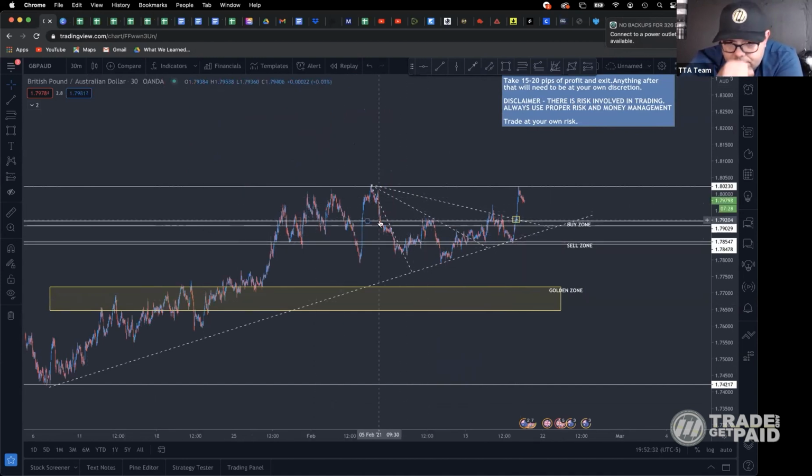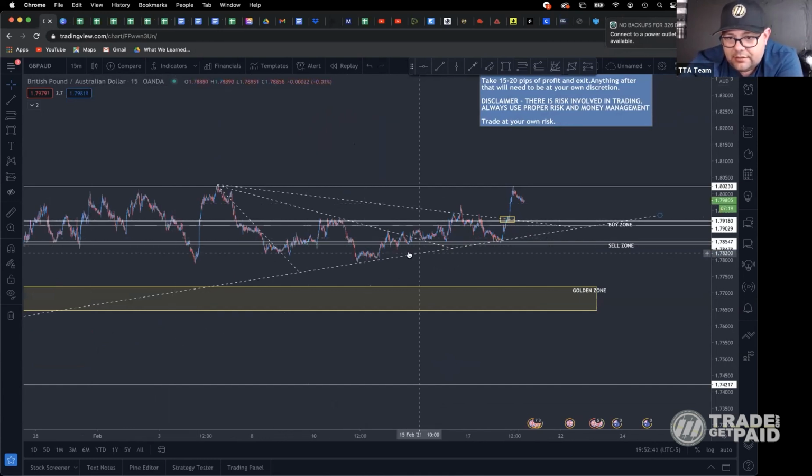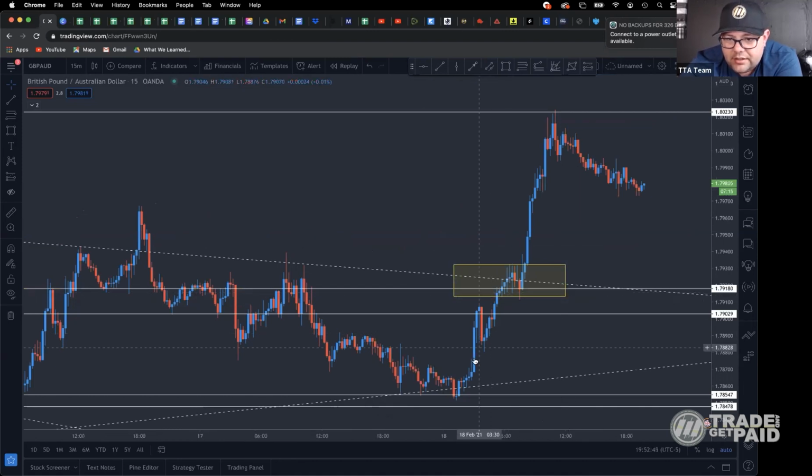We started getting our zones. Now, if you're a retest trader, you might want to come down to the 15-minute. And look how beautiful that looks. Look at that 15-minute pullback. Breaks, retests the exact zone, and takes off.